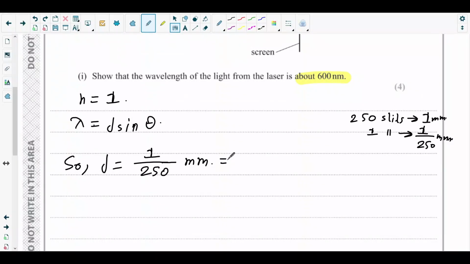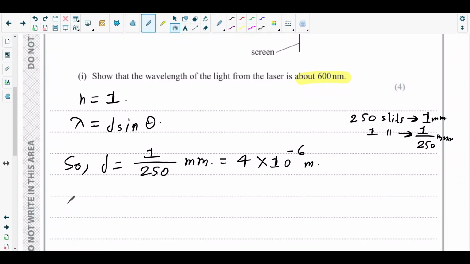This is the width of a single slit, that is d. So 1 over 250, we have to divide it by 1000. So you will get 4 times 10 inverse 6 meter.